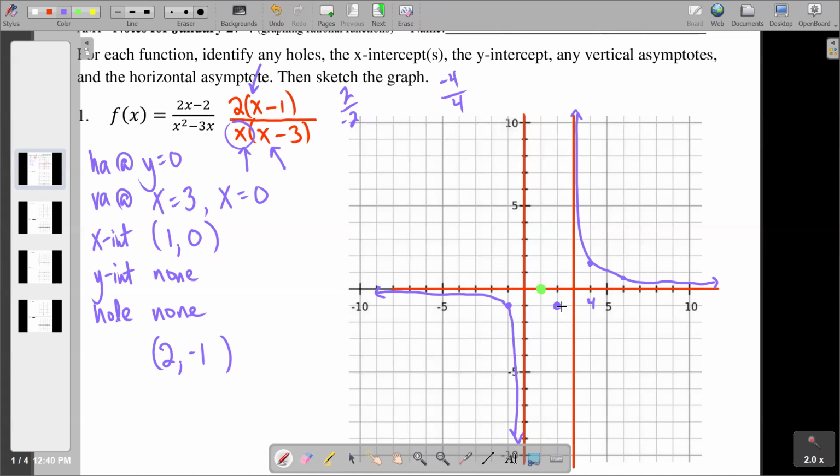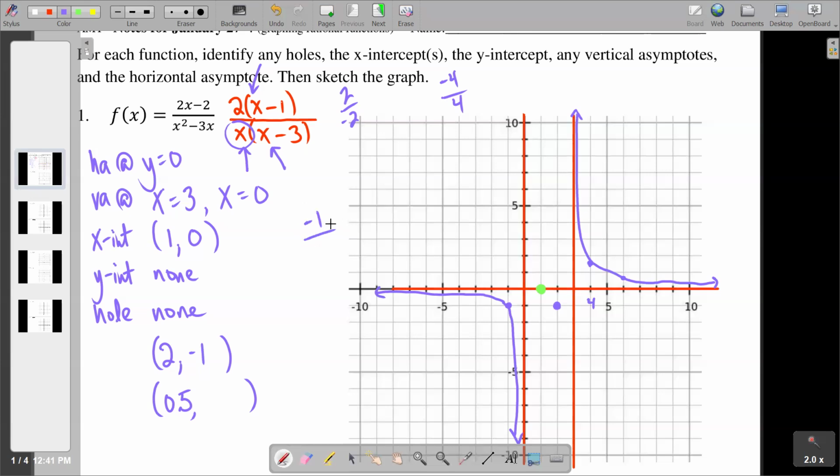Let's make sure that what we think is going to happen is going to happen. And to do that, let's take something like 0.5. This is where having a calculator out and handy would be pretty useful. So if you take 0.5 and put it in the top, I believe the top comes out to -1.